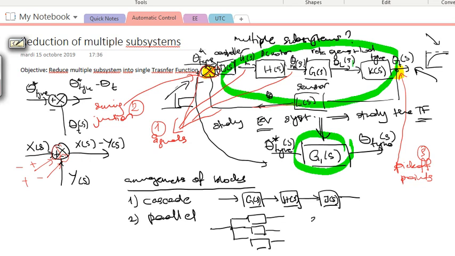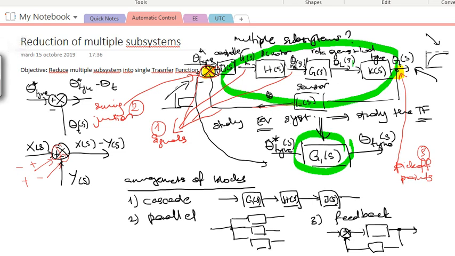And then the third one is what we call arrangement in feedback form. So you know what feedback form is. Feedback form is when you have one transfer function, and then you have another transfer function that gets the feedback and is compared with the initial input. So this is what we call a feedback transfer function.